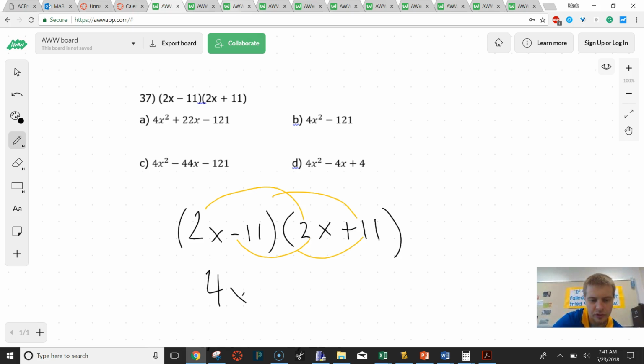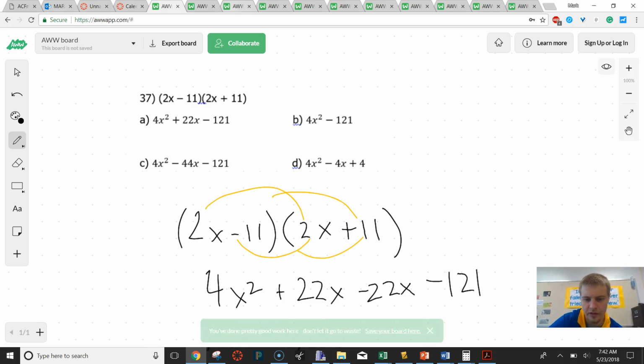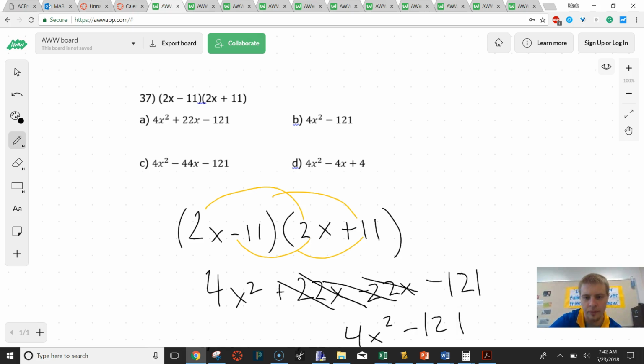That's going to be 4x squared plus 22x minus 22x minus 121. And then you should notice that 22x and negative 22x are the same, so those things are going to cancel out. I'm going to be left with 4x squared minus 121, which would be answer B. Let's try the next one.